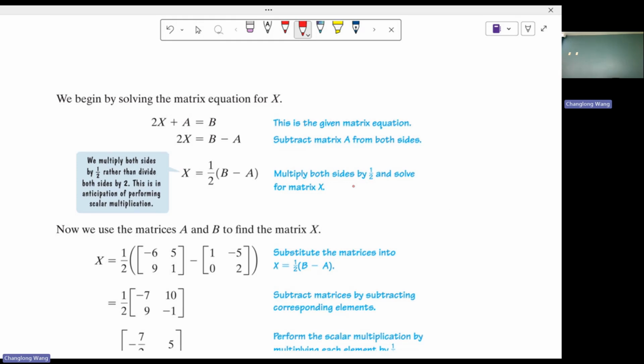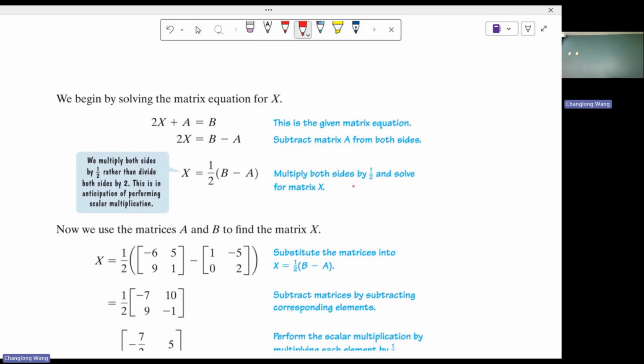And the reason why we want people to get used to multiplying by a half or by 1/3, instead of dividing by 2 or dividing by 3, is we haven't defined division for matrices. I'll let you know ahead of time that matrix division is not always well defined, right? Which might be a good thing, so you don't have to deal with divisions.